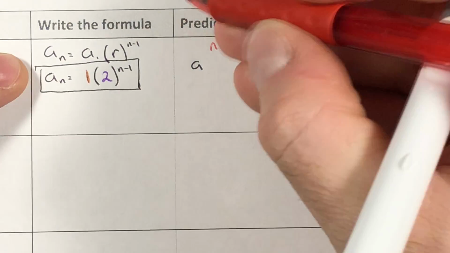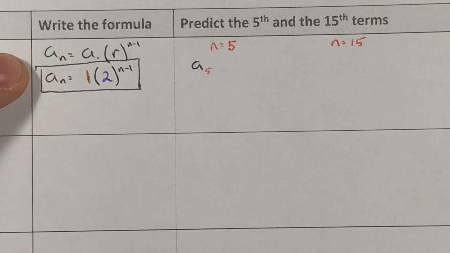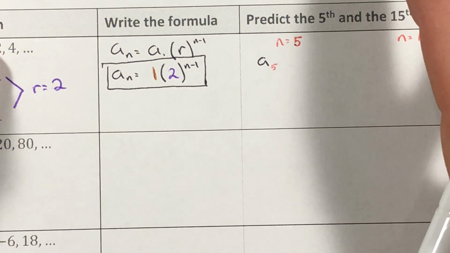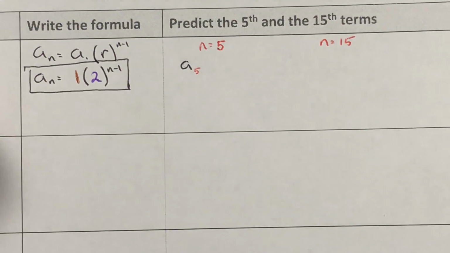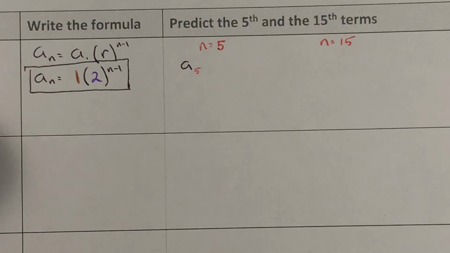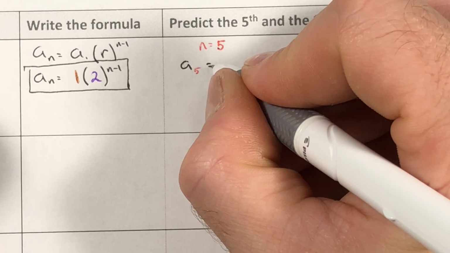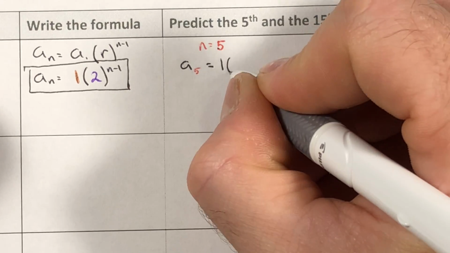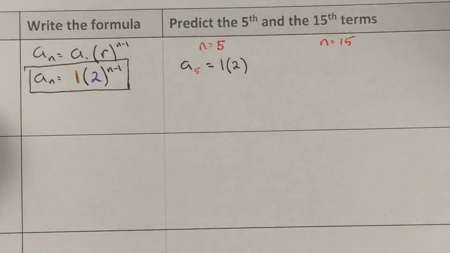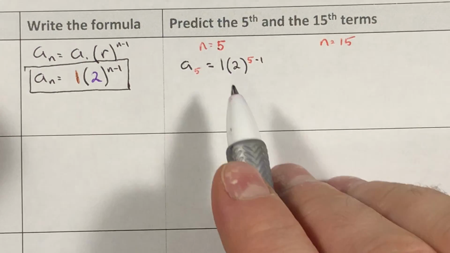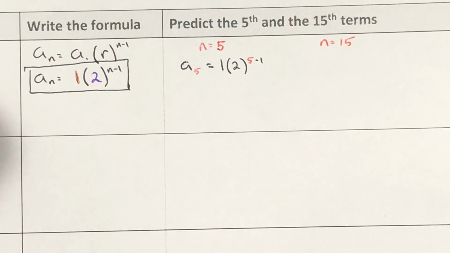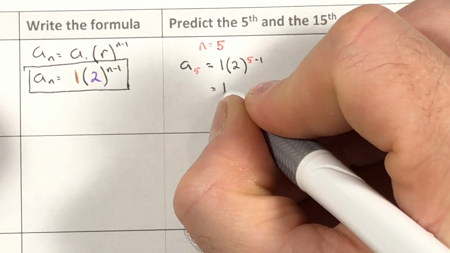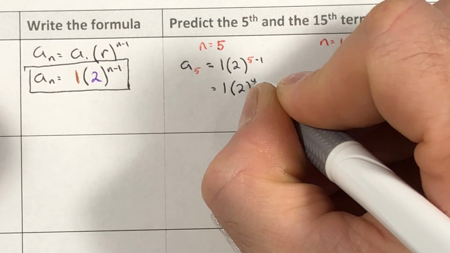So the 5th term, which we know via the brute force method, by doubling this 2 more times, is going to be 8, 16. We should get a 16 for our answer right here. So let's go ahead and say, okay, my first number is 1. I'm doubling it 5 minus 1 times, which means I'm taking my first number and doubling it 4 additional times to get to the 5th spot, which is 1 times 2 to the 4th power.